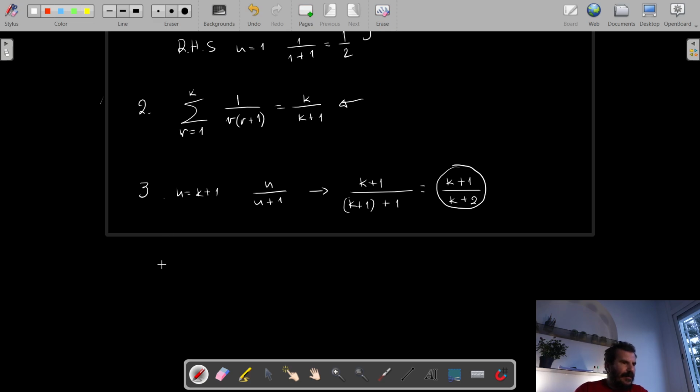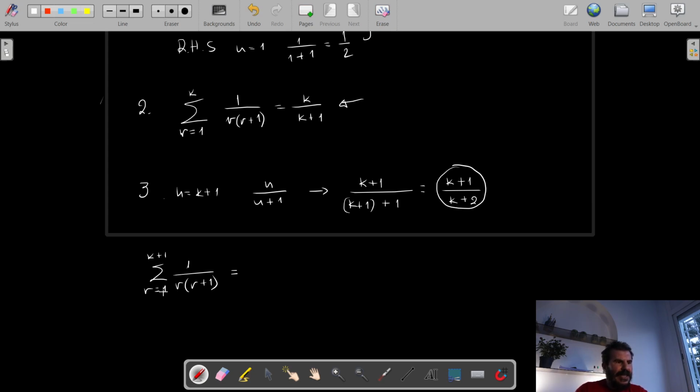It's pretty easy. I will start with the sum for r equals 1 up to k plus 1 of this expression, which is, well, here it has a little twist.